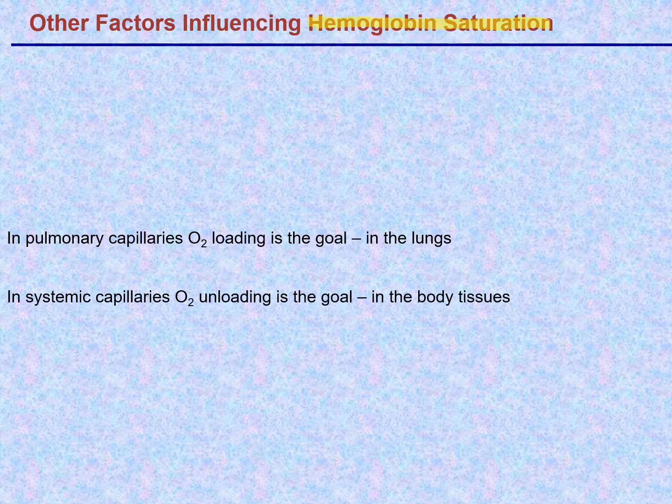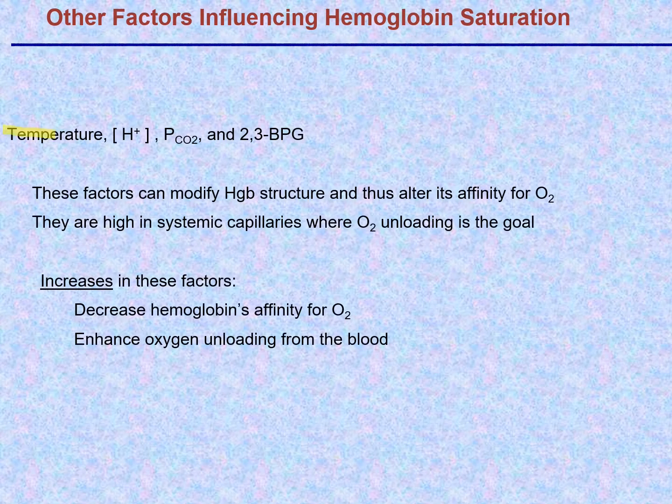If there's a lower surrounding PO2 in the tissues, it'll release oxygen, but there are also other important factors involved. For example, all of these. Any one of these can change the affinity, that means how tightly oxygen is bound to hemoglobin. These will all rise in the body tissues, particularly if they are metabolically active.